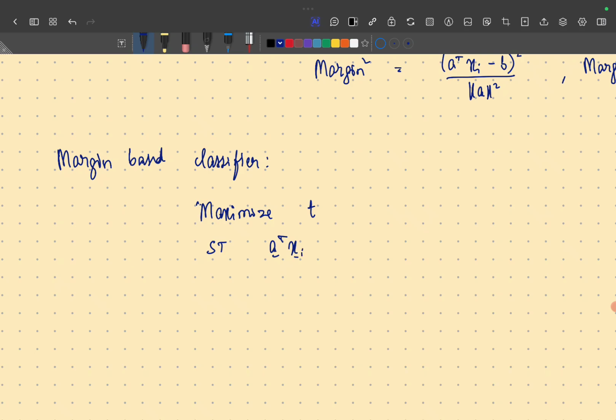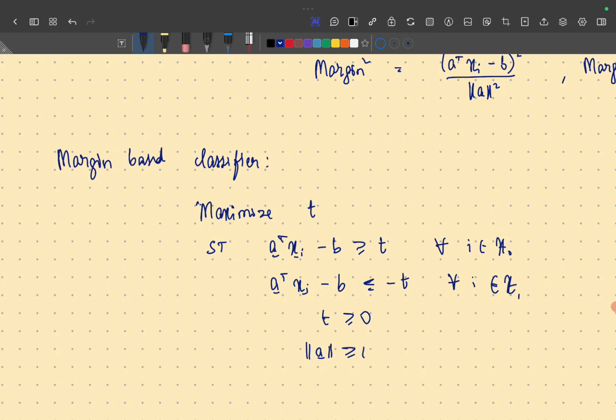the constraint that A transpose xi minus b is greater than or equal to t for all i in class 0, A transpose xi minus b is less than or equal to minus t for all i that are labeled 1, and t is greater than or equal to 0, but norm A is greater than or equal to 1.